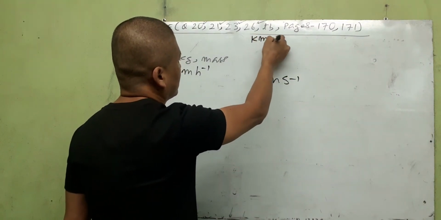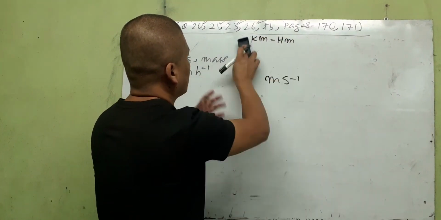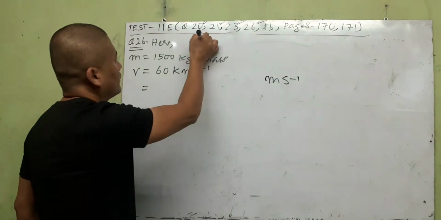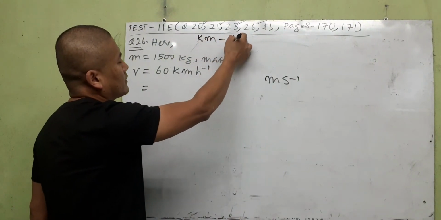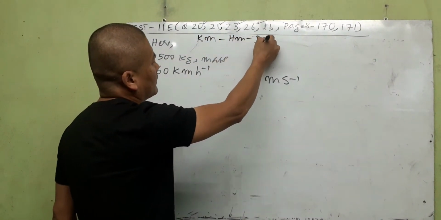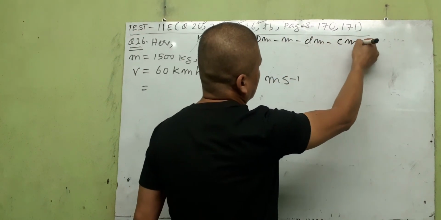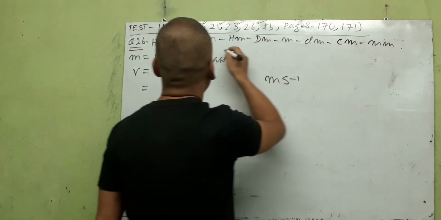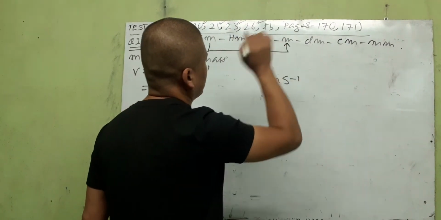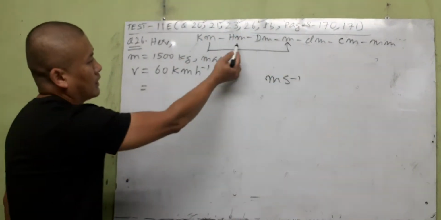So in order to do that, we know that we need to know this thoroughly. Conversion units for length: kilometer or distance, hectometer, decameter, meter, decimeter, centimeter and millimeter, which means you need to change from here to here, kilometer to meter, moving 1, 2, 3 places.